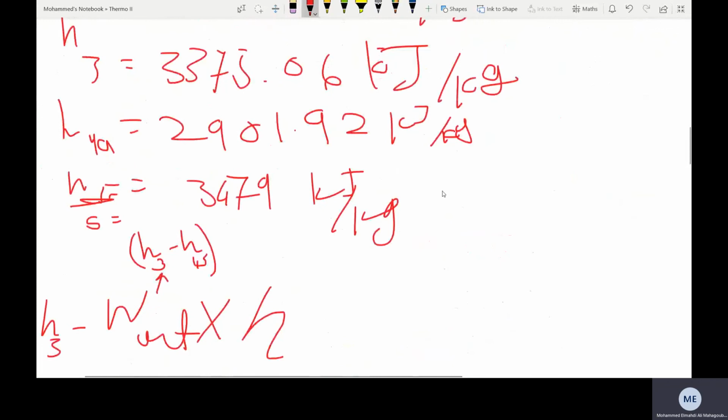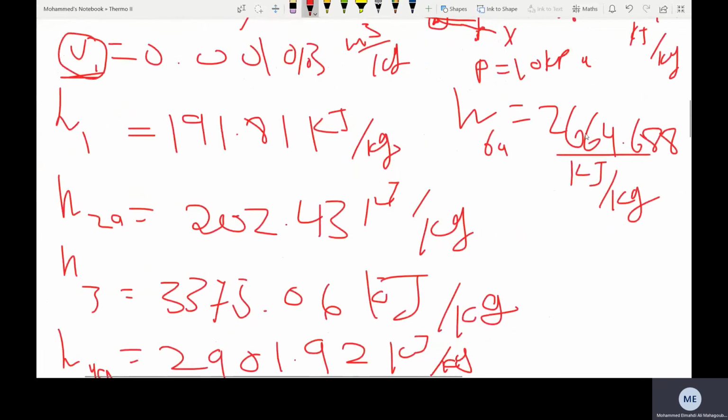So what is the temperature here? Let's go to table A6 because this is superheated, and try to get the temperature there with the H of 2664. What was the pressure? It was 10 kilopascals. Going to the tables, I see that 10 kilopascals is 0.01 megapascals.